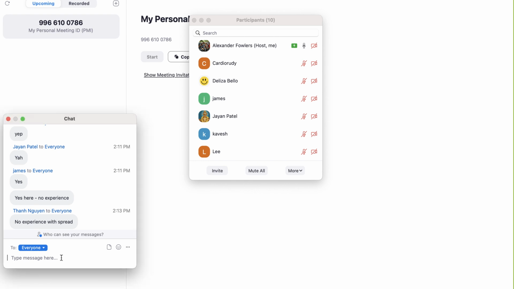Does everybody understand the difference between buying and selling a call? Does anybody not understand the difference? Come on, guys, we got to get some participation.